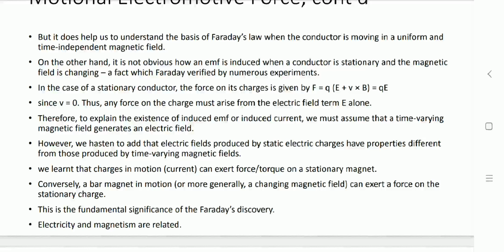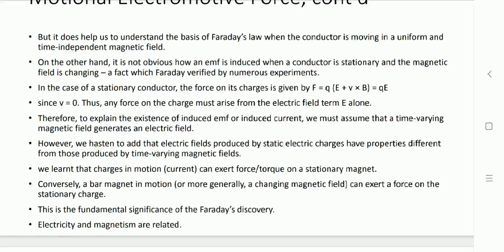So my total force on the stationary charge is Q into E. Therefore, to explain the existence of induced EMF or current, we assume a time varying magnetic field which generates an electric field, because the rod is stationary, means it is not moving.